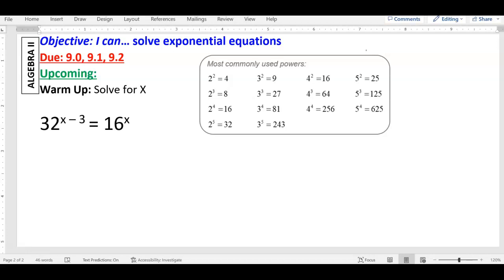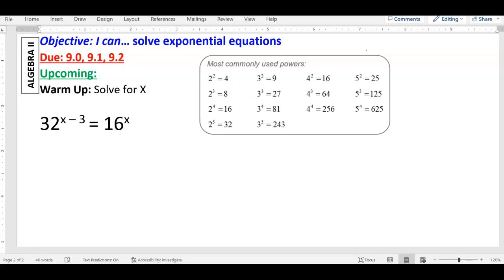So 2 to the 5, what about 16? 2 to the 4. Do you see that both 32 and 16 can have the same base if we rewrite them?